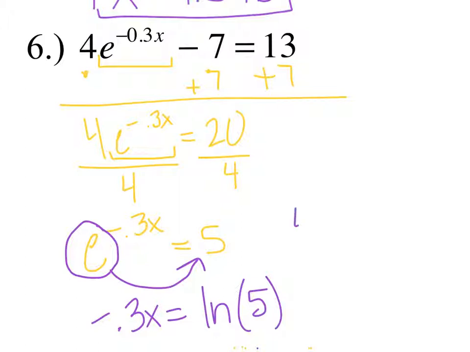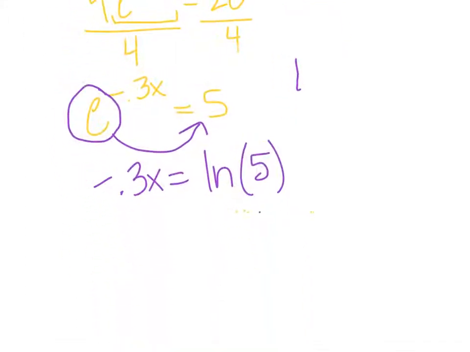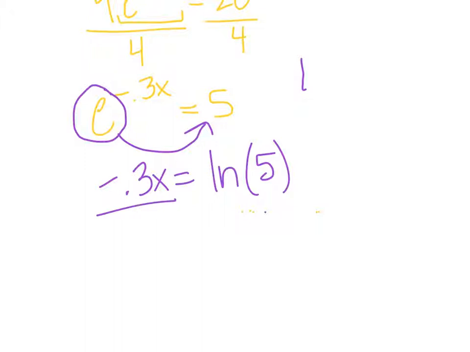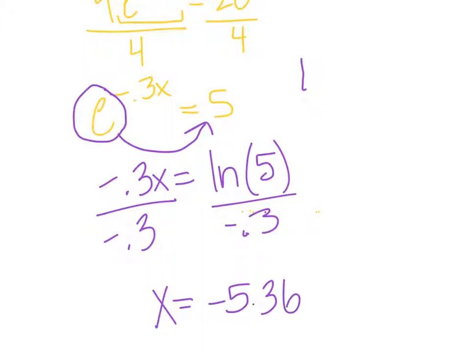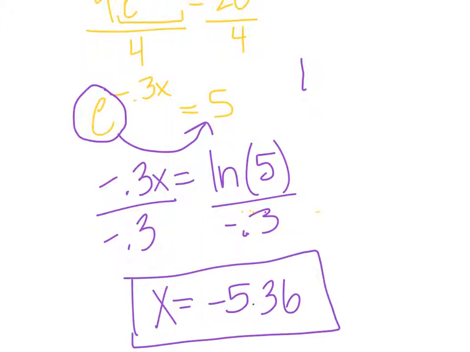And then the last step to get x by itself is to divide both sides by negative 0.3. So, in your calculator, do ln of 5 divided by negative 0.3. And I get approximately negative 5.36. And that's it.